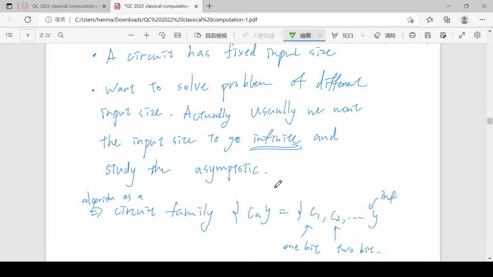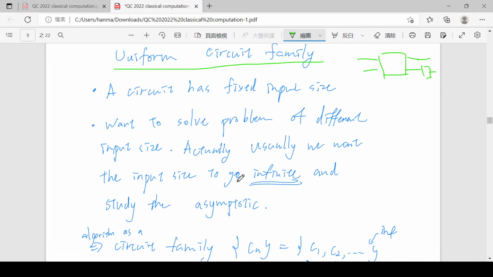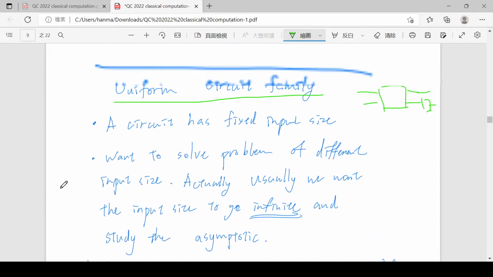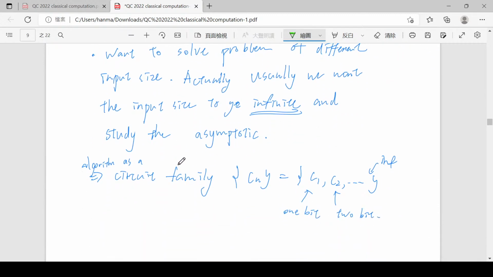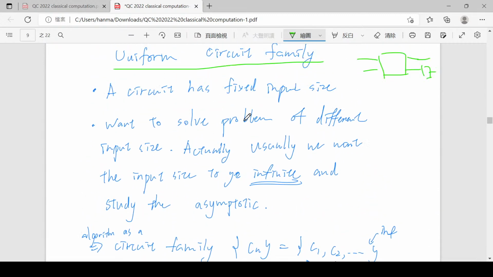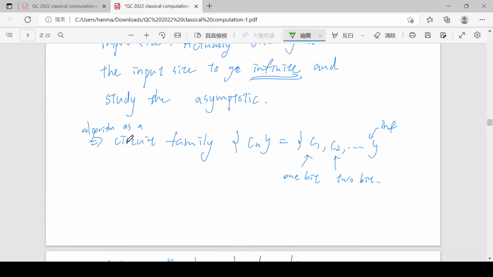We want the input size to go to infinity, but the circuit has a fixed input size. So if we want to actually describe an algorithm, then what we describe is not one circuit. We describe an algorithm as a circuit family.